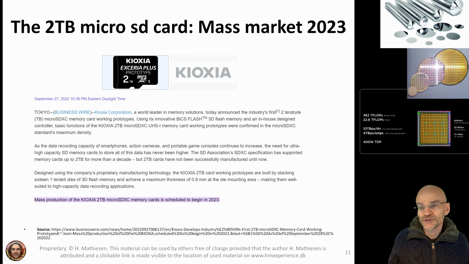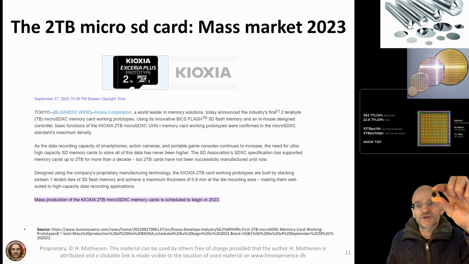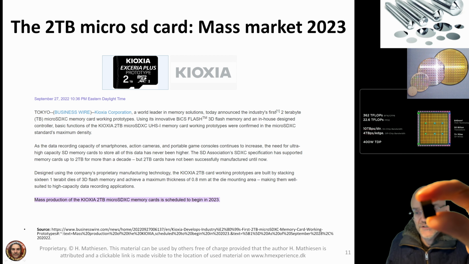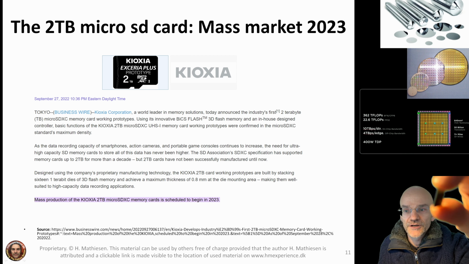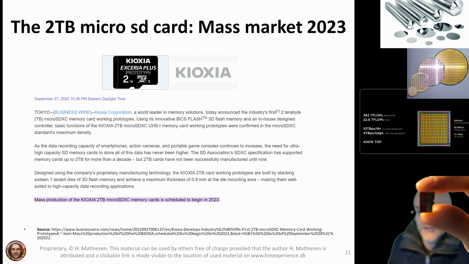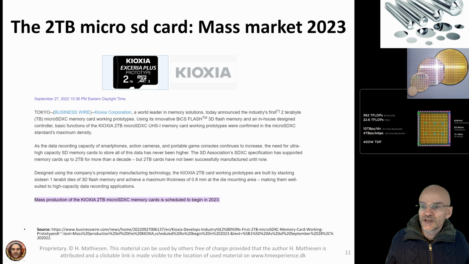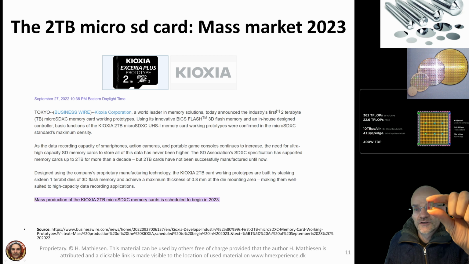I'm just going to show you how small this is, because this is a micro SD card. Maybe I can get my camera here to focus on it. Yeah, now it focuses, great. And here from the side, it's very thin, 0.8 millimeter thin, and it contains 5,333 billion transistors.